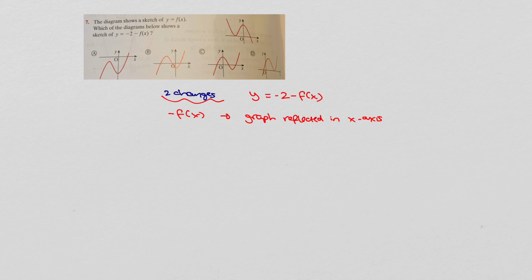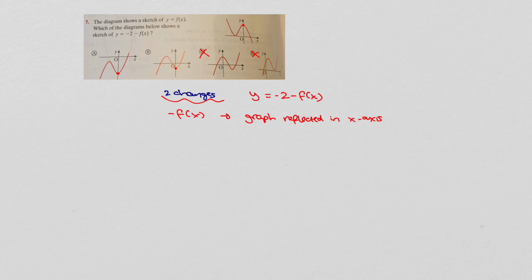And therefore, you would say that eliminates then C and D, because one of my points, the highest point, is sitting above the x-axis. So if I was to take the y-coordinate there and multiply it by -1, it should end up below the axis. So I can see that in A and B.